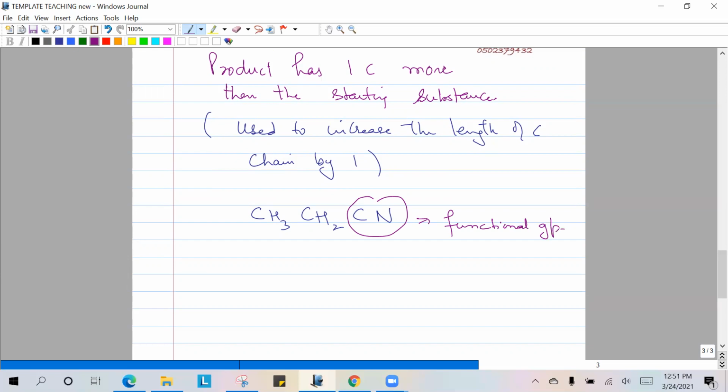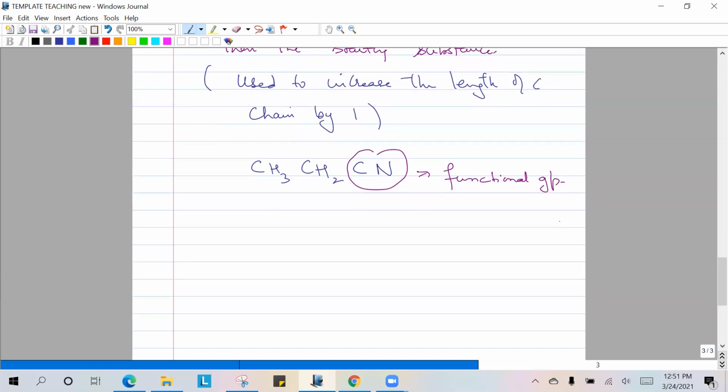Now, the functional group can be named in two different ways. One is your IUPAC name, or you can call it a systematic name. Systematic means according to the rules, so IUPAC is the same thing. And the other is the common name. Many of the cyanides you will be studying, sometimes they are named as cyanide, sometimes as nitriles.